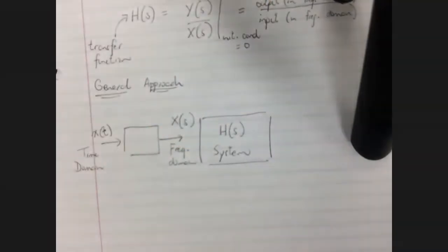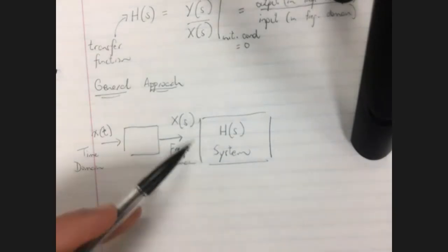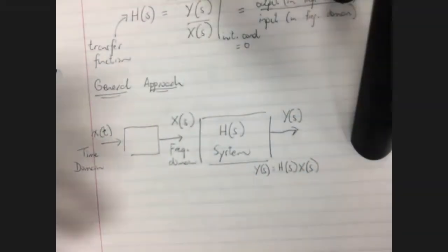Let's call it big H of s, with its transfer function. Off of that, I can find my y of s simply by saying y of s is the multiplication, H times X. So this is still going to be in the frequency domain.